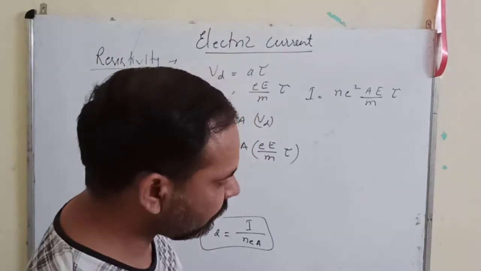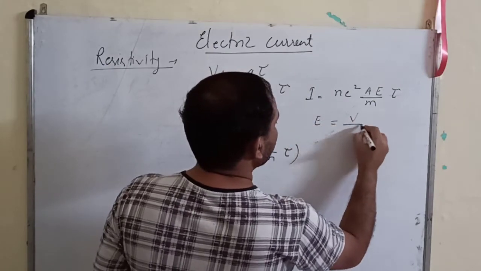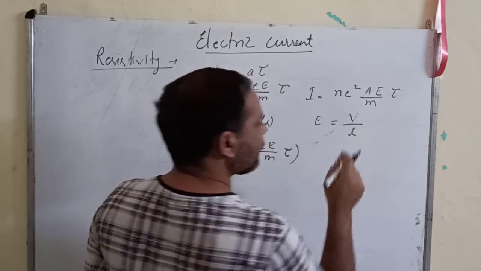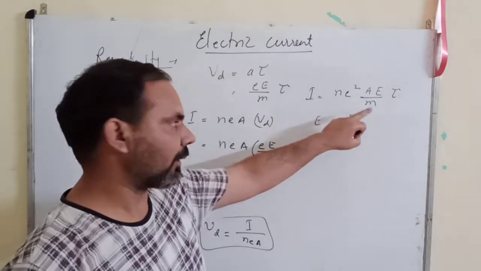Now we know that E is equal to V upon L, where L is the length of the conductor and V is the potential difference applied across the conductor.